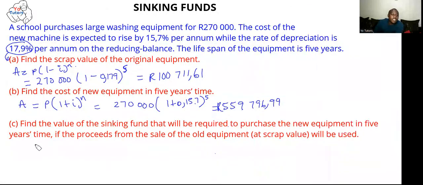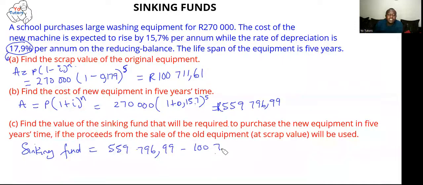Okay. Now the next question is saying find the value of the sinking fund that will be required to purchase the new equipment in 5 years time if the proceeds from the sale of the old machine, or scrap value, will be used. So what do you use here? Sinking fund. We know that it's going to be new price, which is 559,796 minus 100,711.61.